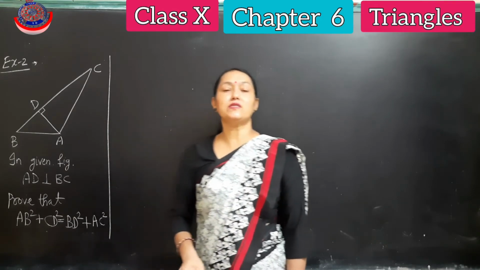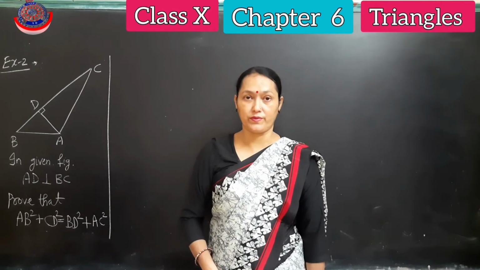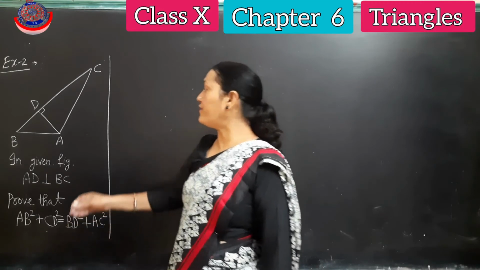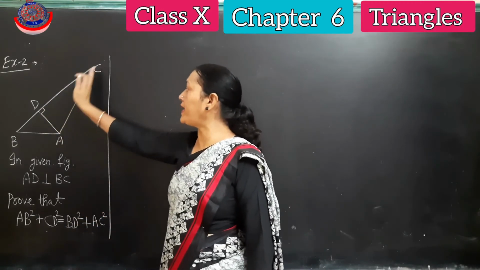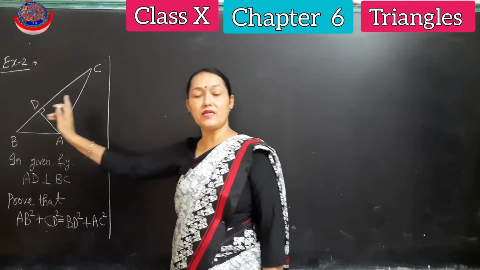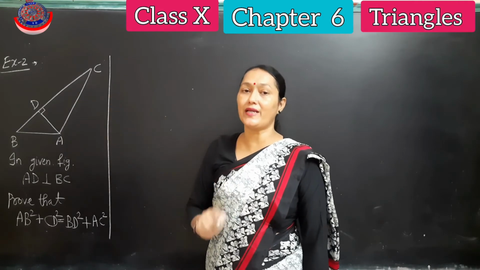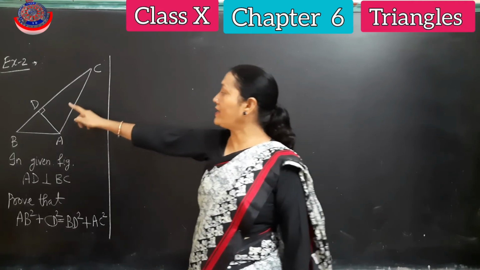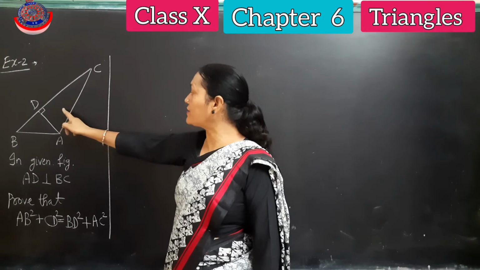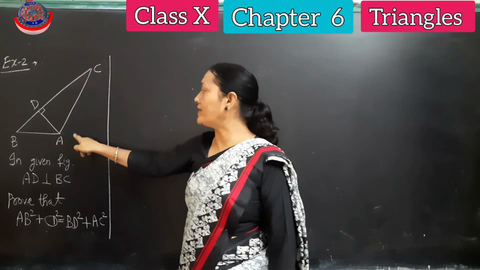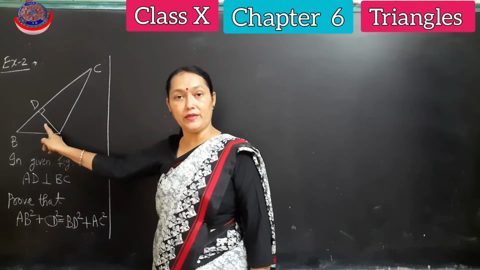We will be proving this result using Pythagoras theorem. See, if AD is drawn perpendicular on BC, that means in this figure we are having two right angle triangles. One right angle triangle is ACD and the other one is ABD.